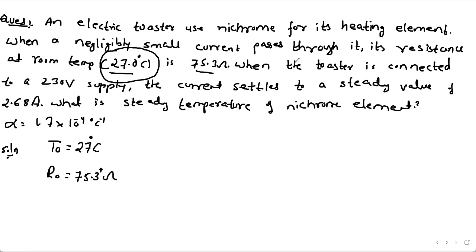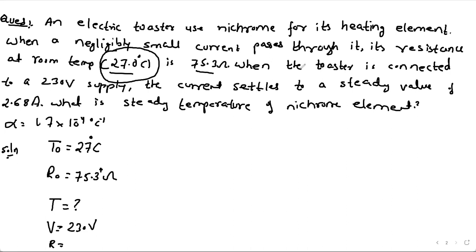When you connect the toaster to a power supply, current will flow through it, and when current flows, its temperature will definitely increase. So at the higher temperature, which is not given, your voltage is 230 volt.